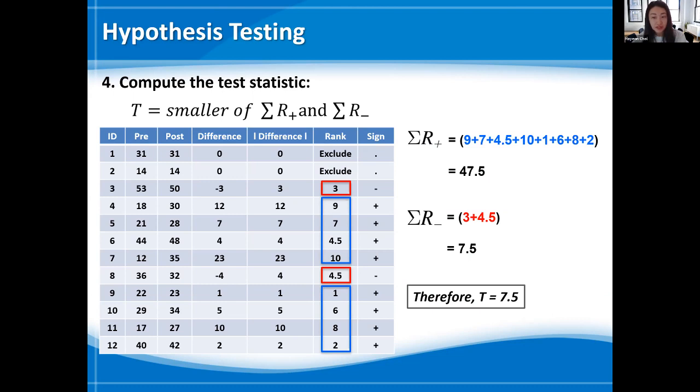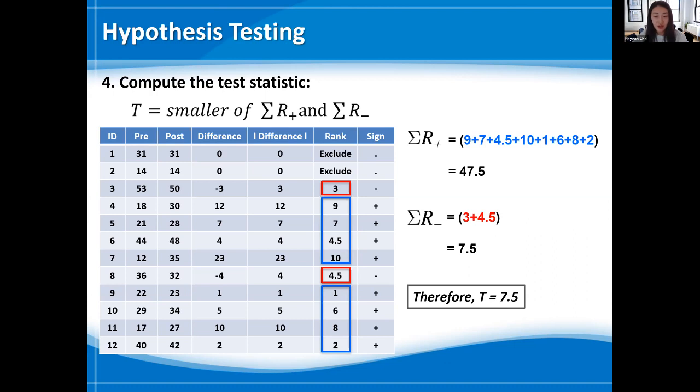The first one is the sum of positive ranks, and the next one is the sum of all the negative ranks. Here, what we are going to use is the smaller one, the sum of the negative ranks, which is 7.5. With this value, we are going to compare it to a particular critical value that will tell us whether we can reject the null hypothesis or not.